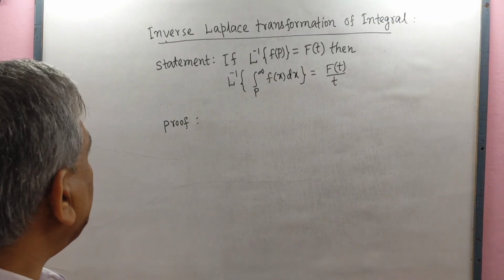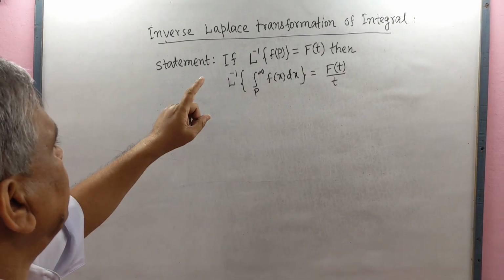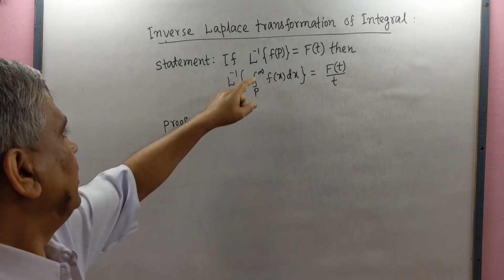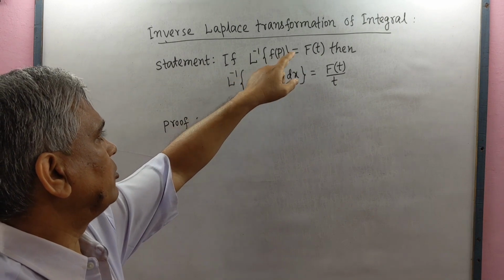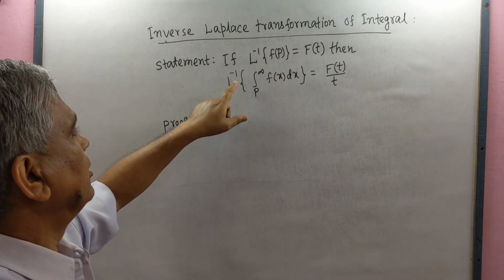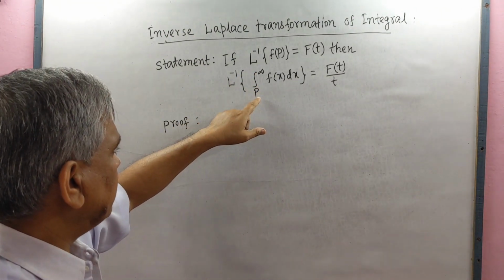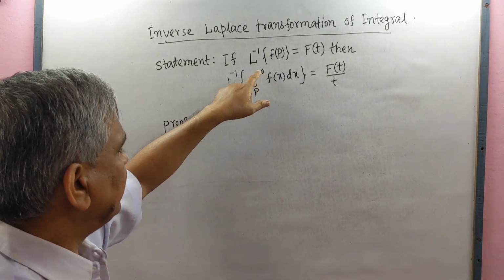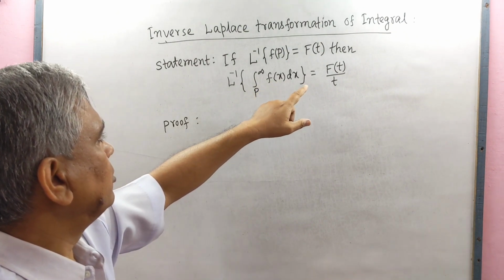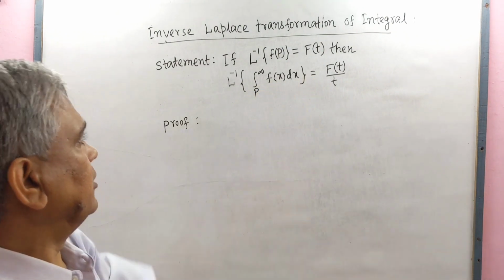Now we shall describe the inverse Laplace transformation of integral. Statement: if L inverse F(p) equal to f(t), then L inverse of the integral from p to infinity of F(x) dx equal to f(t) by t.